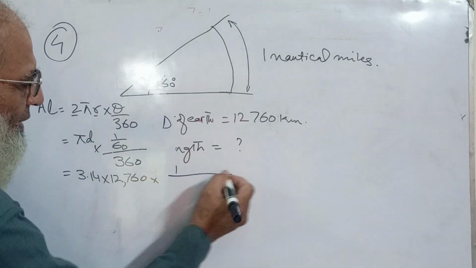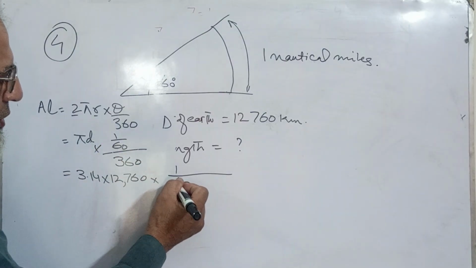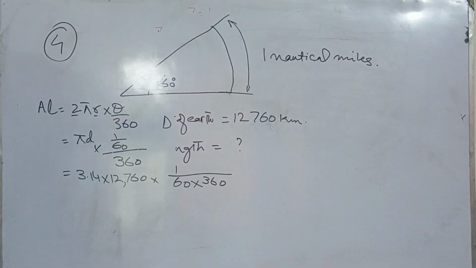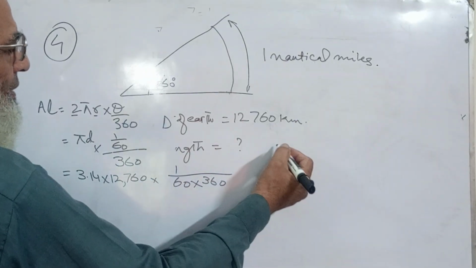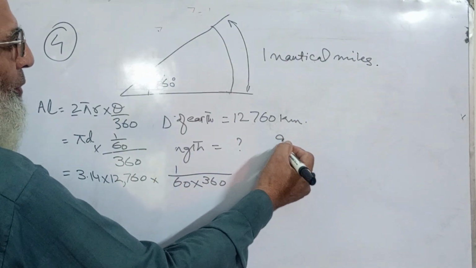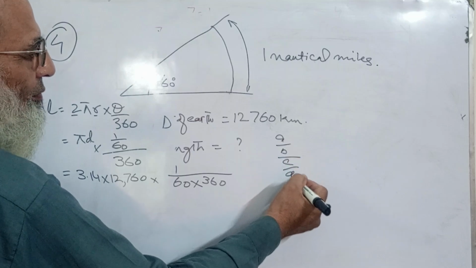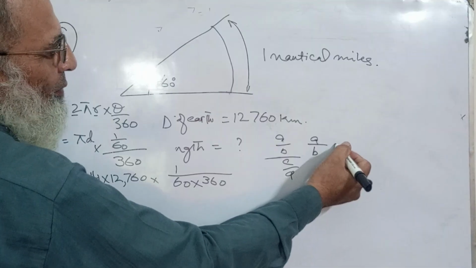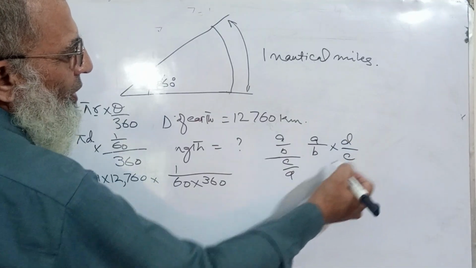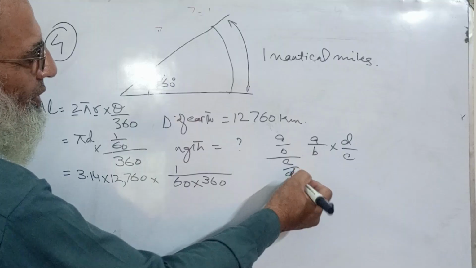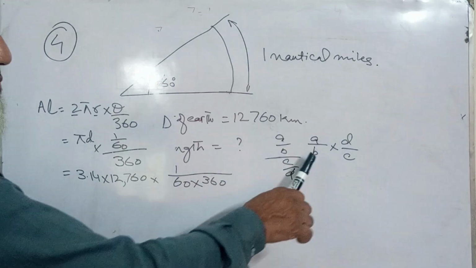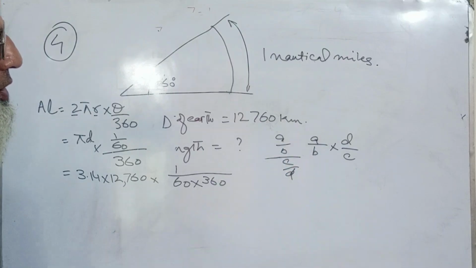How it is done: A upon B divided by C upon D. A upon B will remain as it is, and it will be D upon C. C remains there, and B has come down.